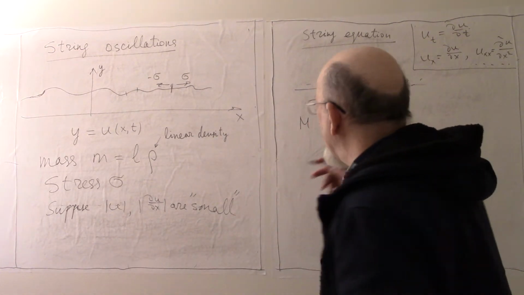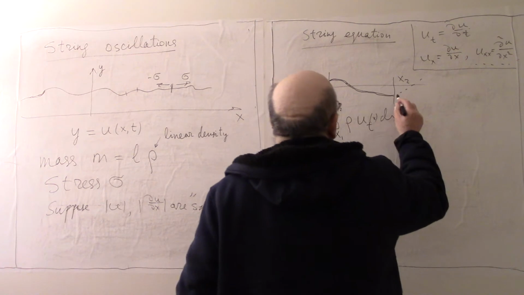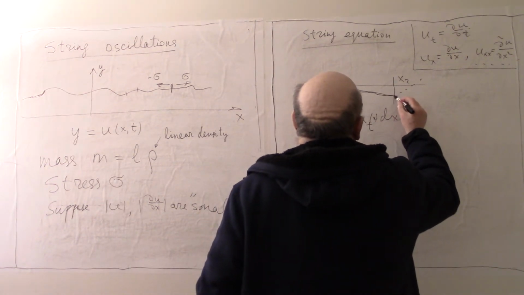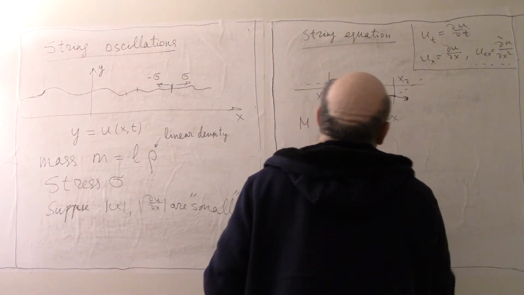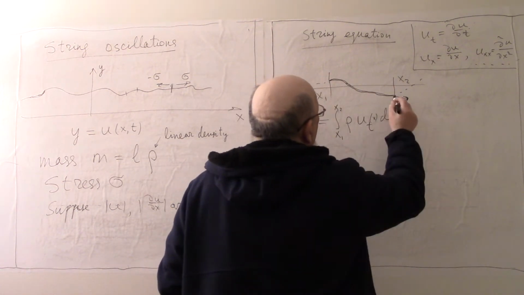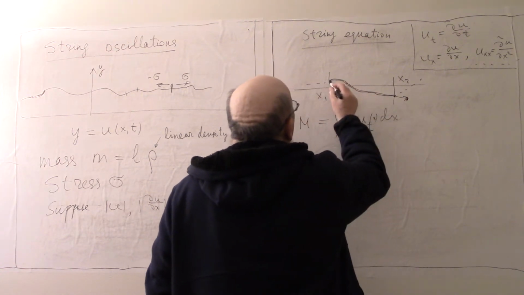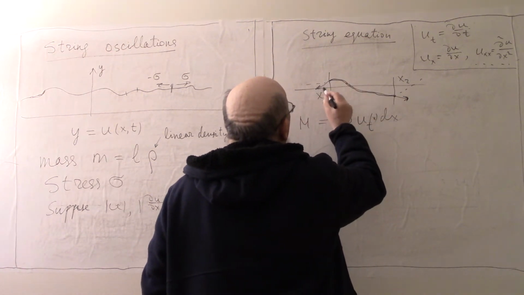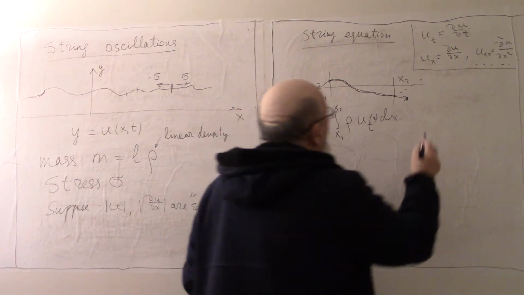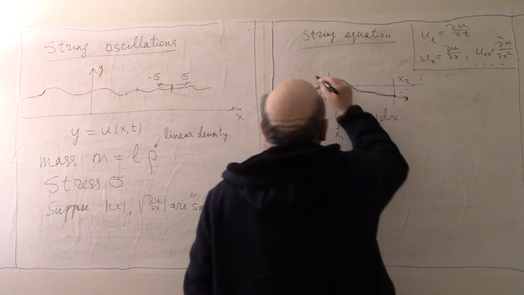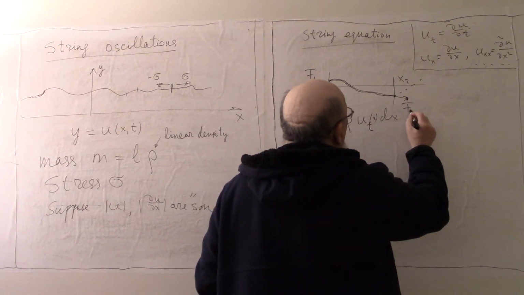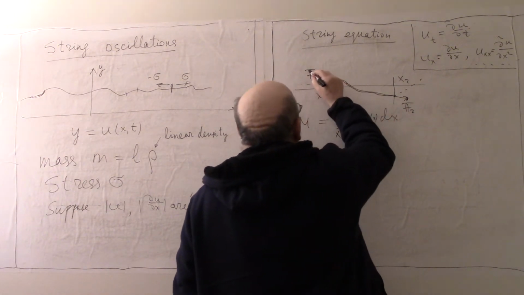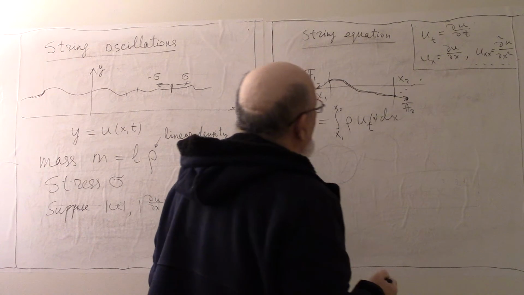So which forces are applied? Here we have forces directed along the tangent to the string at the end points, here and here. So it is the force F1, and this is the force F2. These are vector forces.